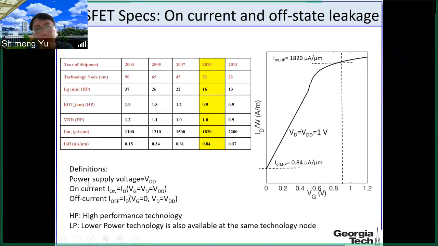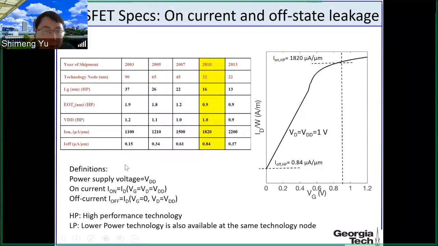Those specs are important for the circuit designers who design the practical circuits for digital computers. Those circuit designers need to look at the device parameters, and here the important parameters are the on current density and off current density, I on and I off. It's represented as a current density, that is microamp per micrometer.